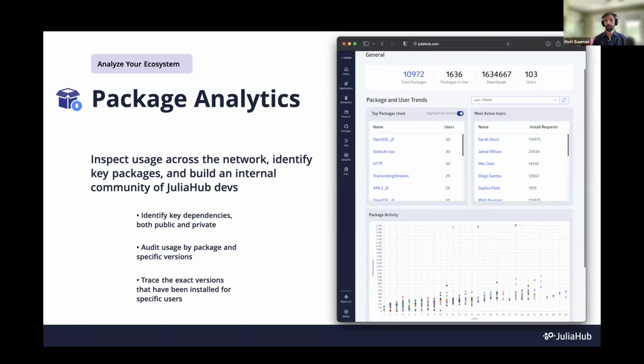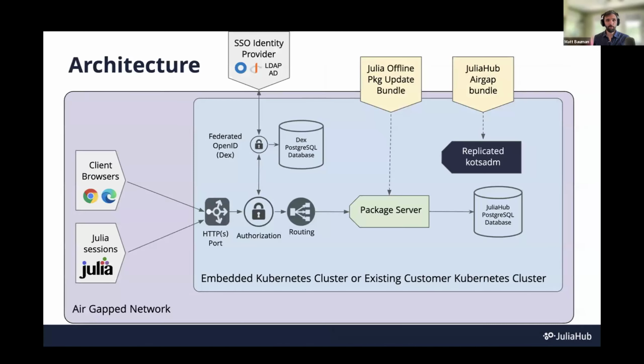You can see exactly which packages were installed by which users, and keep tabs on the ecosystem and the usage in general, which is really helpful to build that internal community of Julia developers, right? The Julia community and ecosystem within your organization.